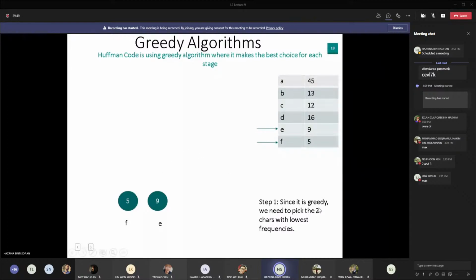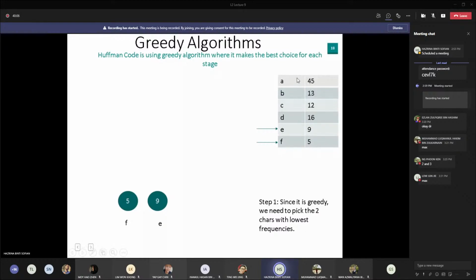Step 1: since it is greedy, we need to pick the 2 characters with the lowest frequency, because this is a minimization problem where we want to pick the least.